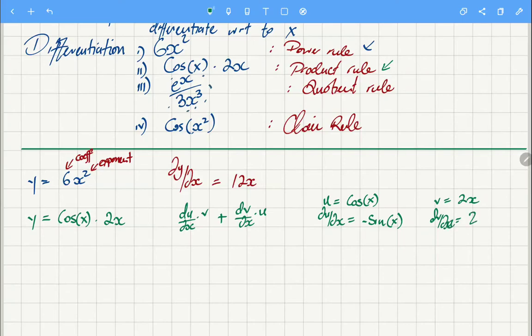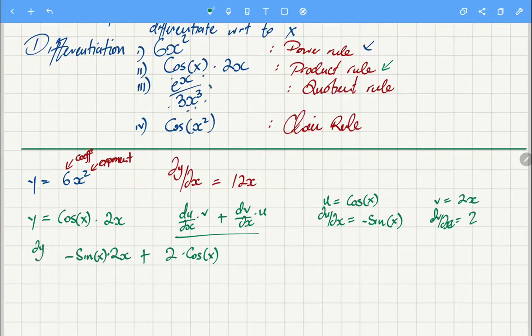Okay, so then we put those functions into our formula here. So we get du over dx, so that's minus sin x, times the v, which is 2x, then plus my dv over dx, which is 2, times cos x.